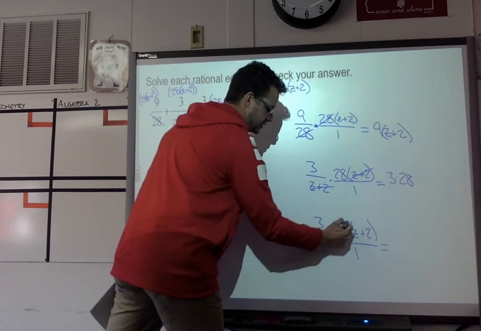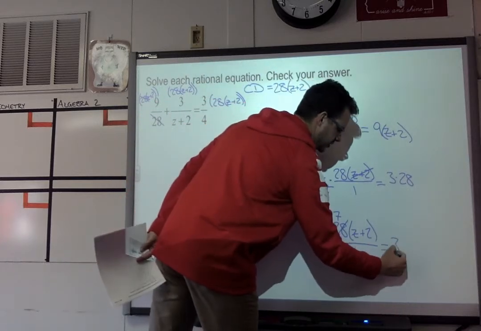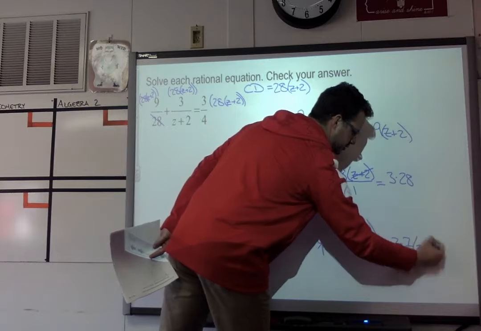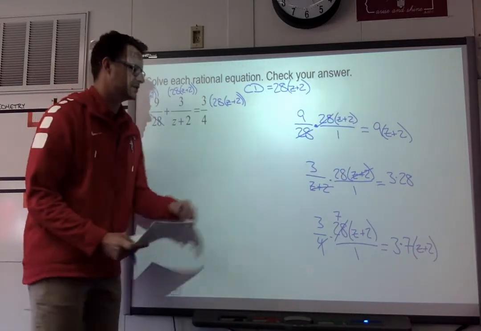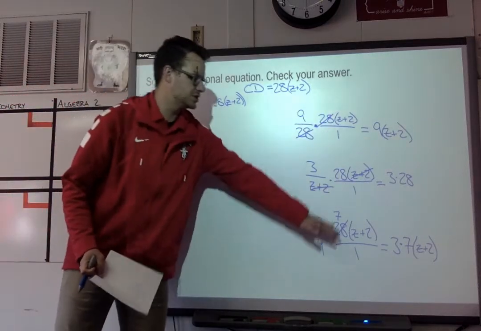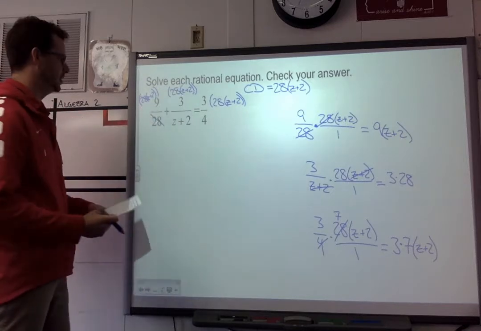My 4 cancels, my 28 becomes a 7, so then I'm left with 3 times 7 times z plus 2. On the rest of the examples we go through, I'm not going to show each step there. I just wanted to show how I'm doing what I'm going to do over here.